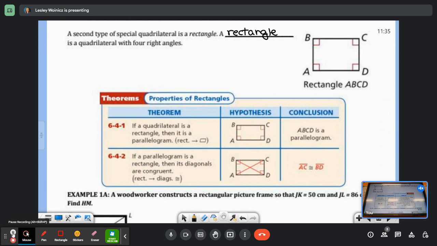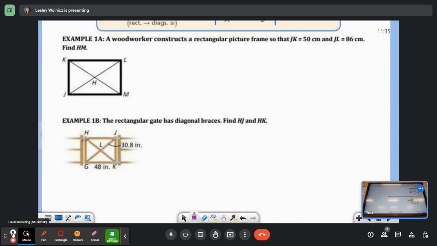Make sure you have your little blue sheet out for this, please and thank you. Okay, so let's say that we have a rectangular picture frame with JK being 50 centimeters and JL is 86.